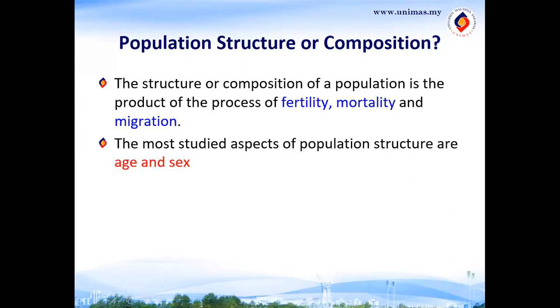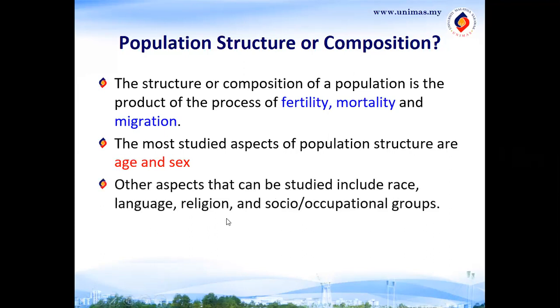The most studied aspects of structure are age and sex, in terms of age and also gender. Other aspects you can look at in the population are race, language, religion, and other social or occupational groups.